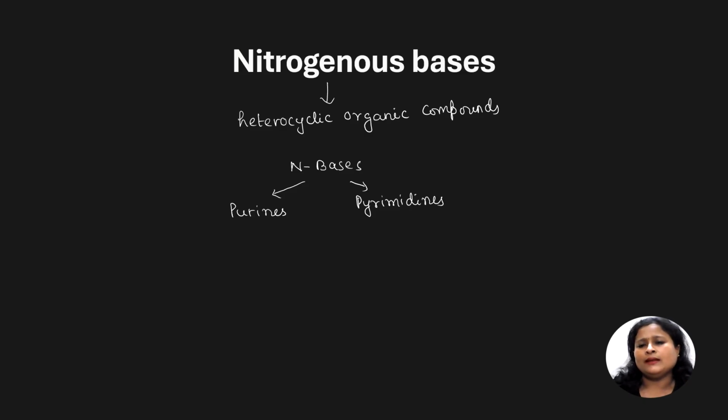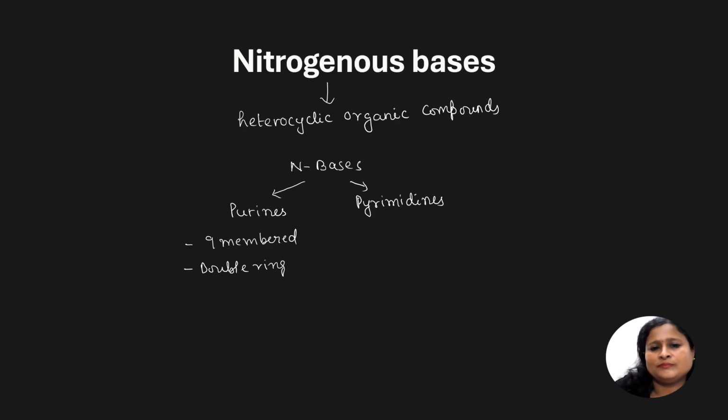Okay. Now, the structure of purines is essentially a 9-membered double ring structure. What is the meaning of this?